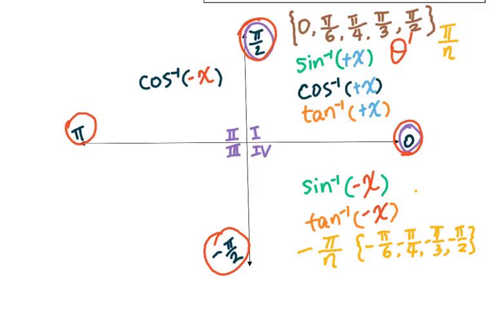When the domain for inverse cosine is negative, then the pattern will be n minus 1 pi over n. In other words, we will have 5 pi over 6, 3 pi over 4, 2 pi over 3, or pi.